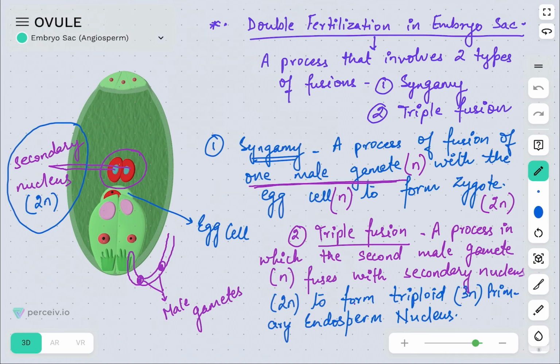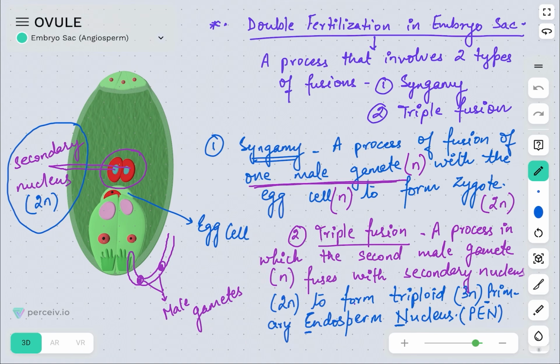So initially the PEN is formed. Shortly it is called PEN, P-E-N, primary endosperm nucleus. But this nucleus is ultimately going to undergo cellular division and it will form the primary endosperm cell. So this is about the two types of fusions involved in the double fertilization in case of the embryo sac.